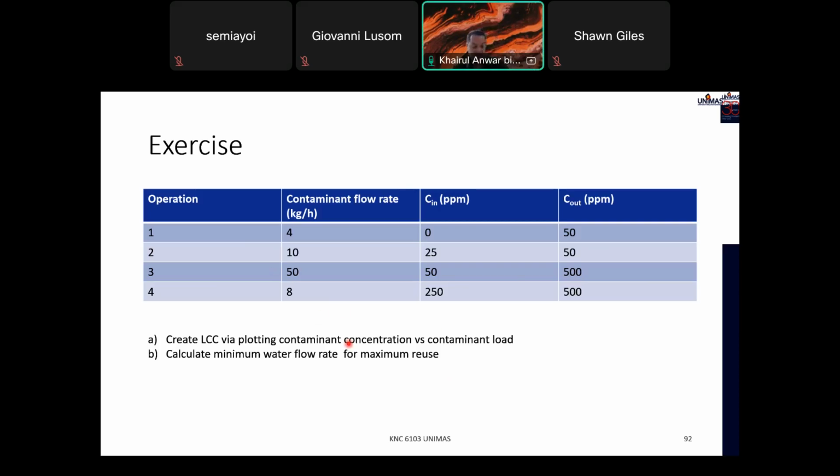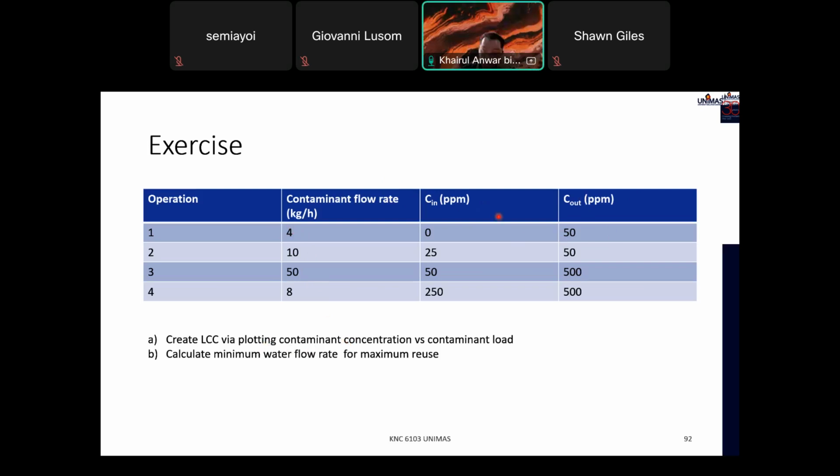So first thing you need to do is to plot the C in and C out in the graph.